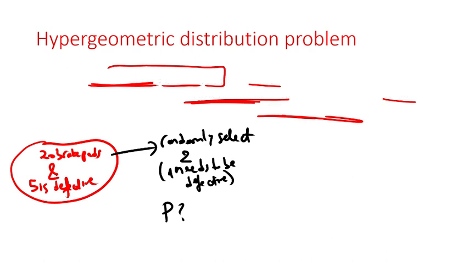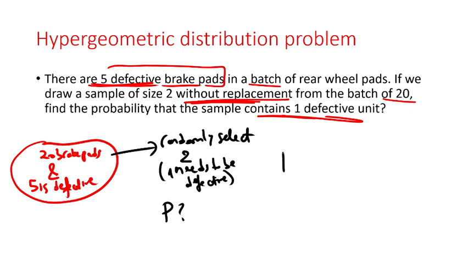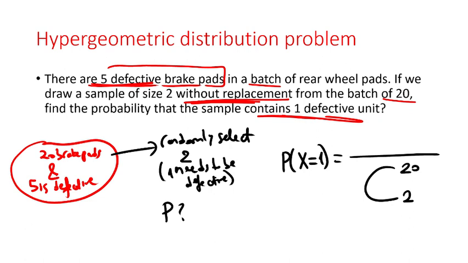You can look at the formula, but I will just go with P, the number of defects, equal to 1. The possibility that the number of defects is equal to 1. What I am doing is selecting 2 items from 20.